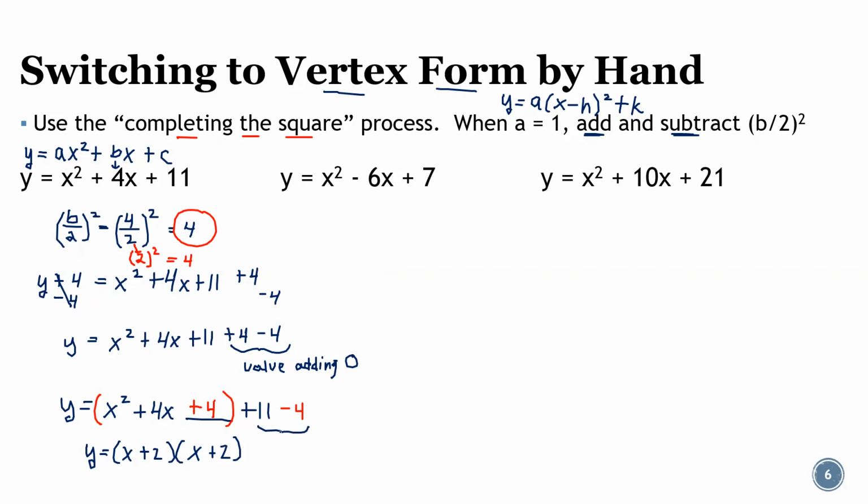So 11 minus 4 is plus 7. Taking this one step further, I notice that both of my factors are the same, so I can rewrite this as the quantity x plus 2 squared, or times itself, and then plus 7. And this is vertex form.